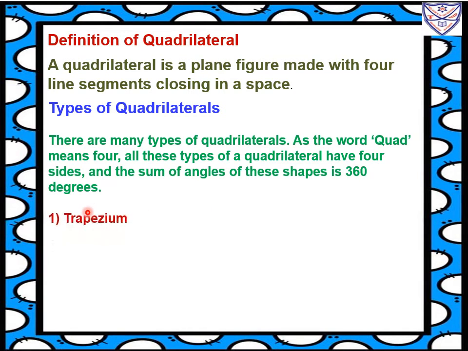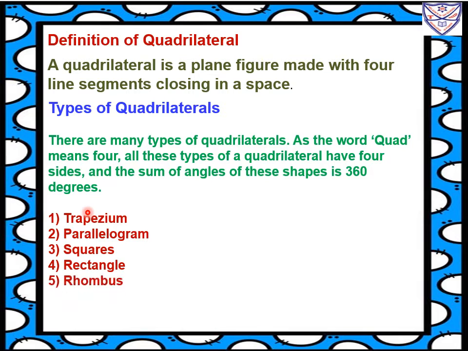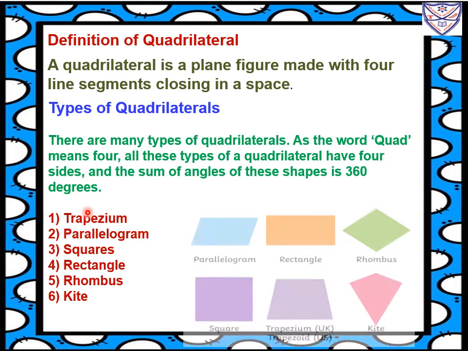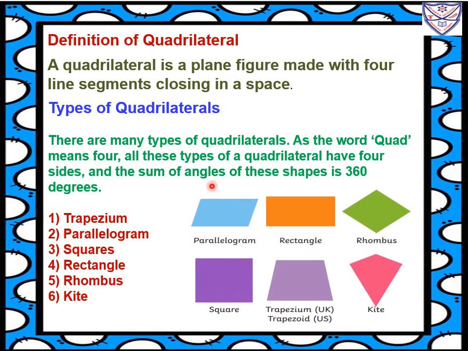The first is the trapezium, then the parallelogram, then the square, then the rectangle, then the rhombus, then the kite. Here in the picture are the parallelogram, rectangle, rhombus, square, trapezium and kite. These are all quadrilaterals, having four sides.